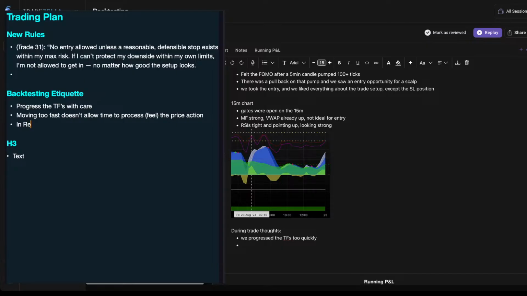In real time, price action affects us and we make decisions to protect our trade, to manage our trade.